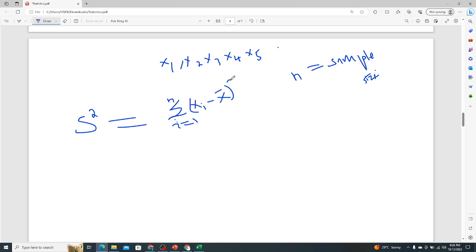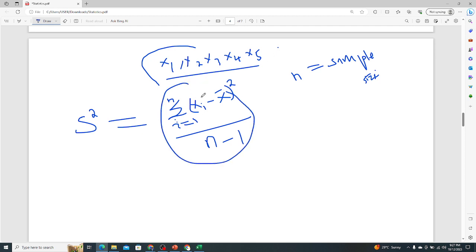Then you square the difference. Then if it is sample data, you divide by n minus 1. So in this case, let's try to express this in this format. I want to derive these values to get something like this. All right, so in this case, let's start with this.